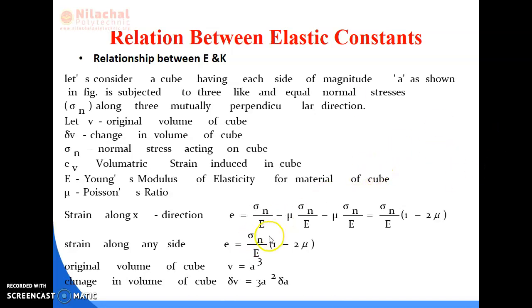For finding out the volumetric strain, we require change in volume and original volume of the cube. As the cube is having side of magnitude A, the original volume of cube V is equal to A cube.